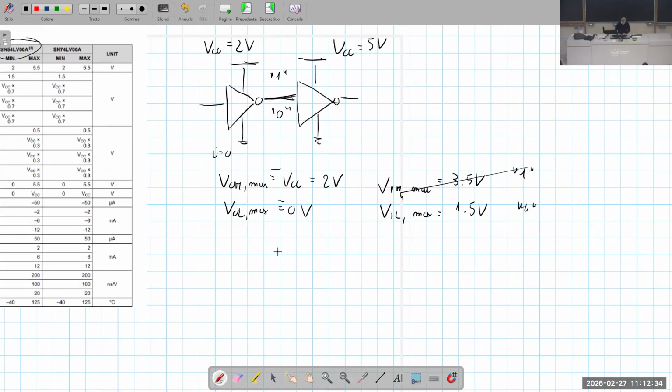Now let's compare. This is VO and this is VI. At the low level, VOL maximum is 0. At the high level, VOH minimum is 2 volt. And for the input, the minimum value recognized as 1 is 3.5 volts, and the maximum level recognized as 0 is 1.5 volts.